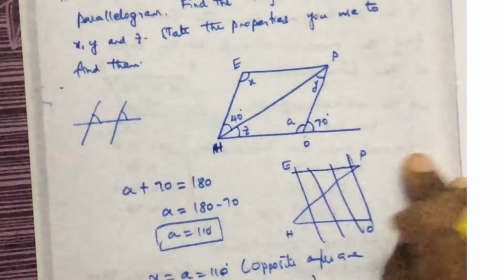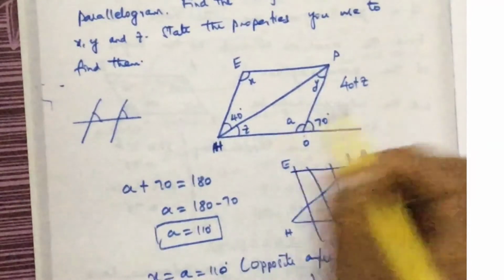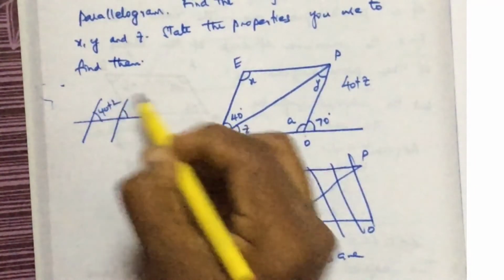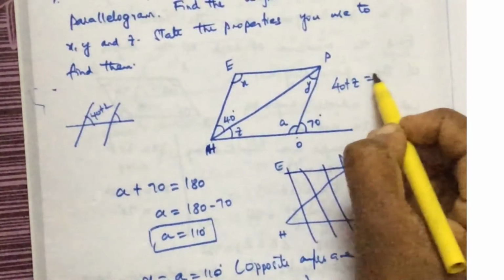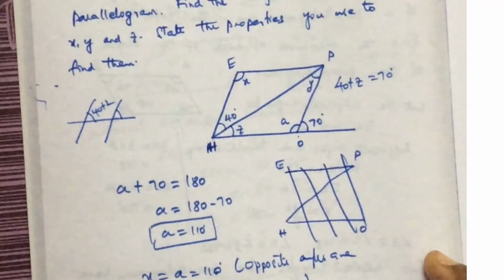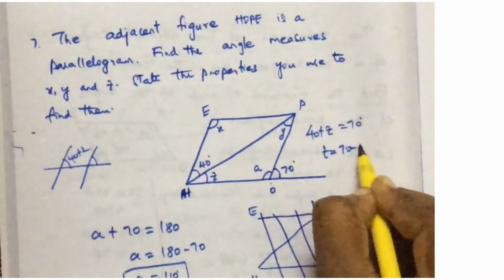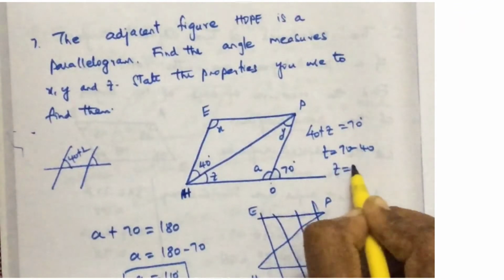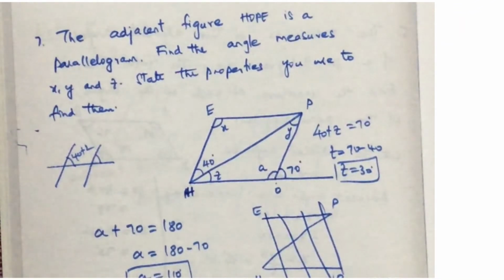Similarly, 40 plus Z should be equal to this 70. From this we can find Z. Z equals 70 minus 40, so Z equals 30. In both ways we can find it.